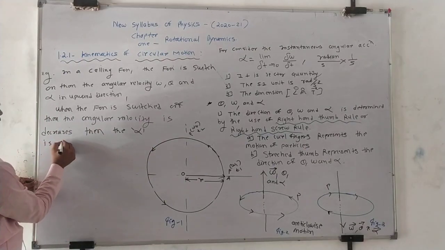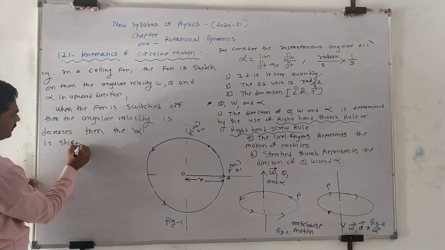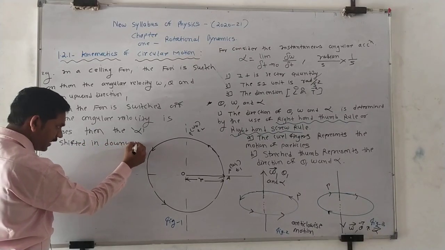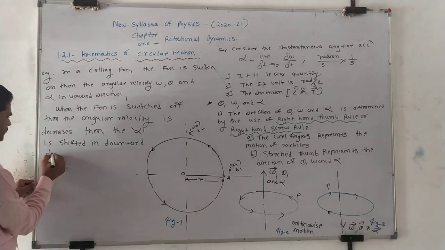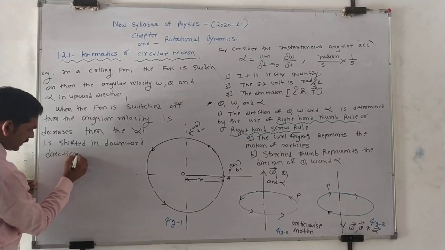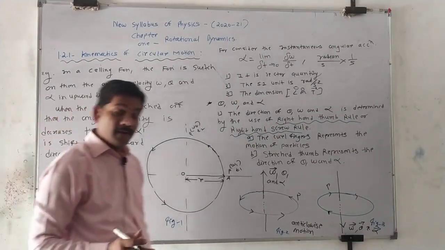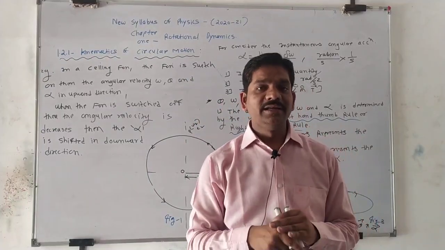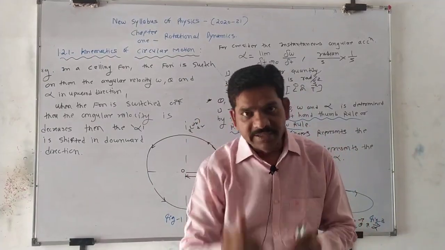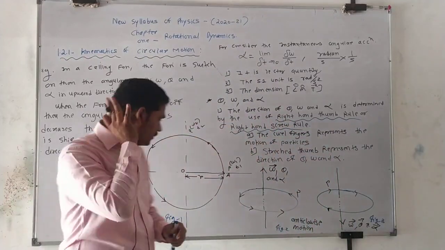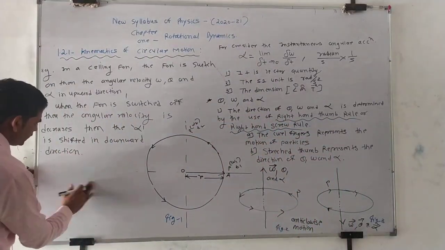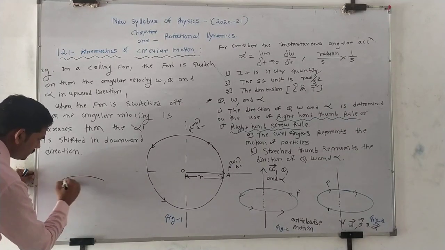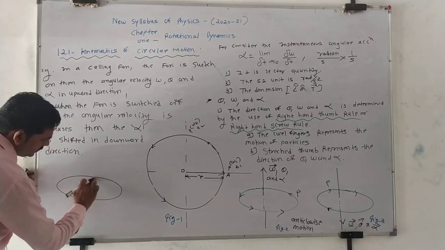Alpha is shifted in the downward direction during retardation. Retardation means the angular speed decreases. So how to draw this figure? We have to draw this figure like that, in this way.